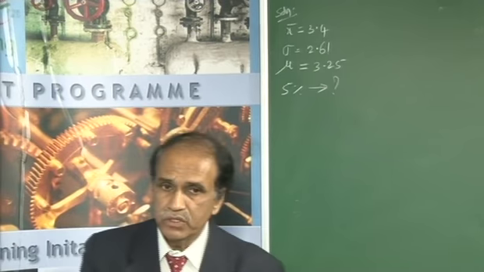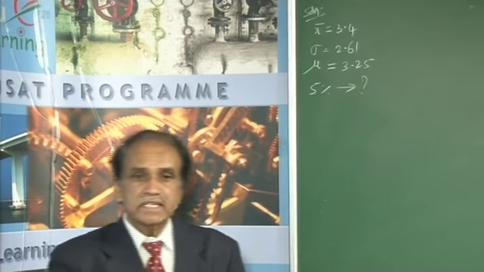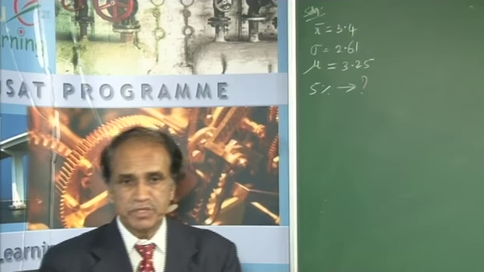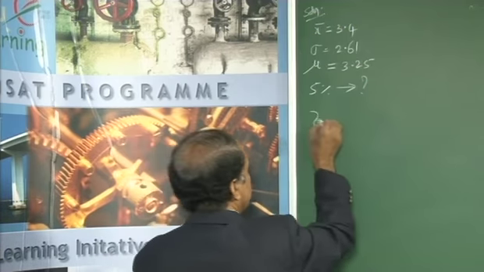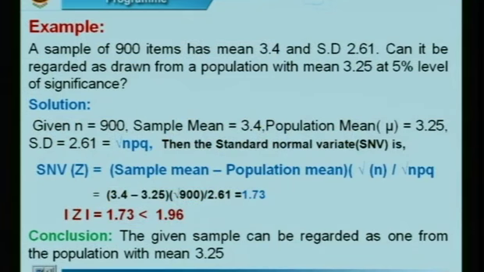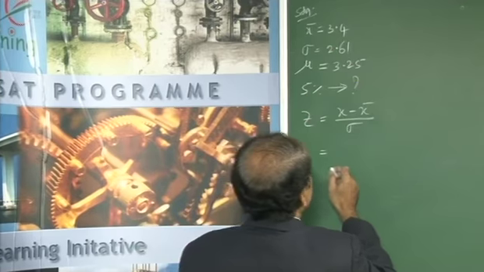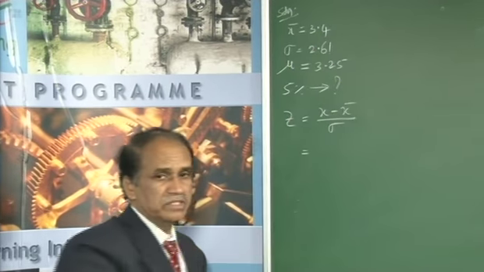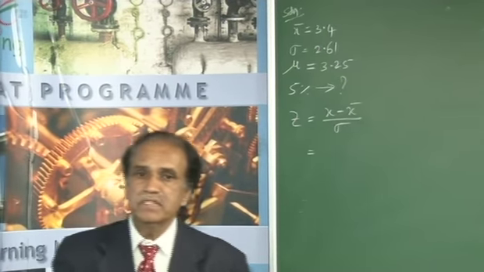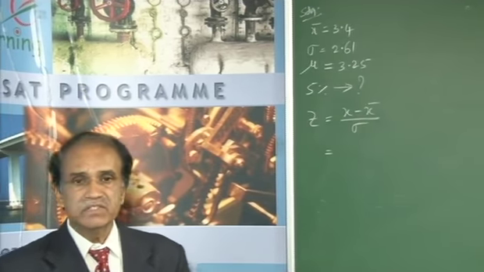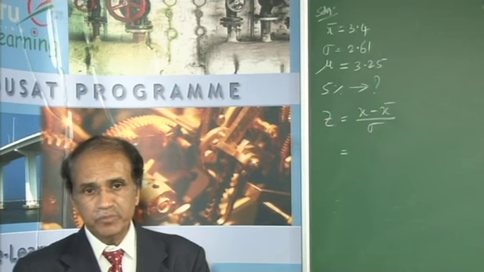Once again, you take the standard normal variate expression, z equal to (x minus x bar) divided by sigma. Here 3.4 is the sample mean, which we consider as the first term, and mu is the population mean.